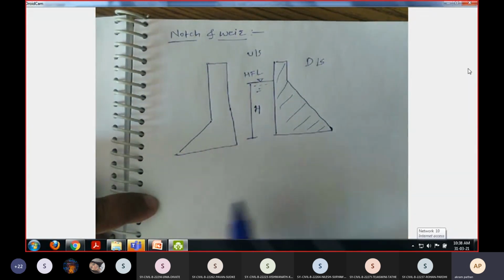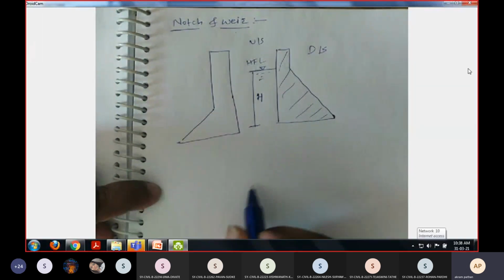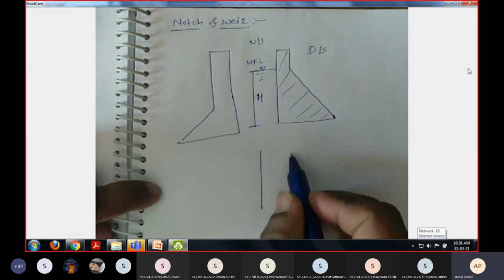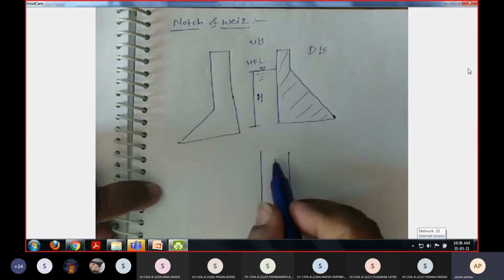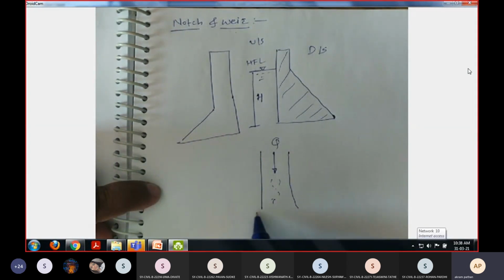Then we have the channel or canal. For example, in the longitudinal section, the river is flowing in this direction. So we have to construct a dam across the river for the purpose of storage of the water.